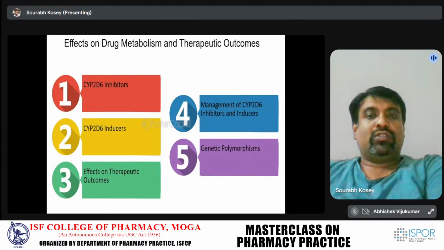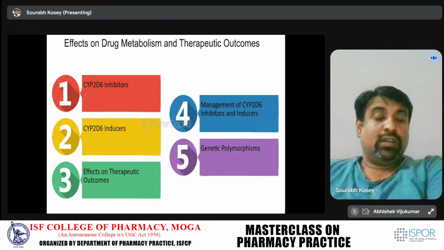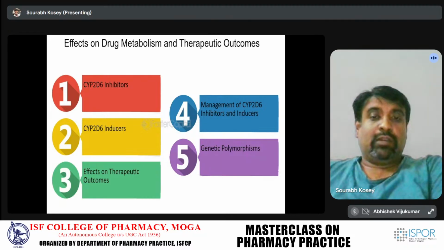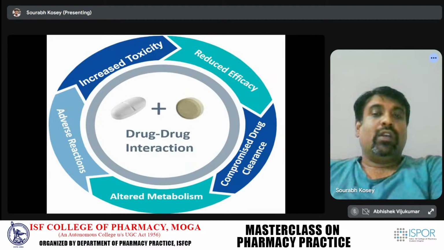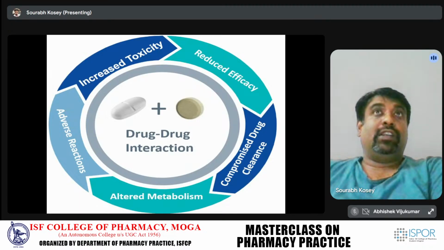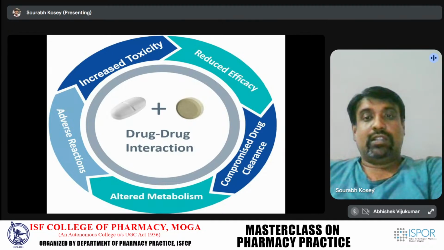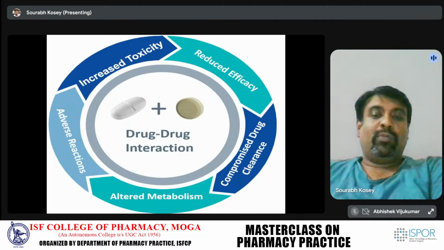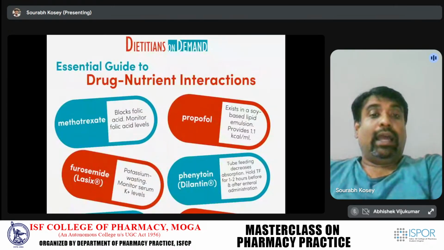So in the effects on metabolism and therapeutic outcome, various enzyme inhibitors and genetic polymorphisms come into play. What happens in the body when drug-drug interactions take place? Altered metabolism, adverse reactions, increased toxicity, sometimes reduced efficacy, and compromised drug clearance also take place.